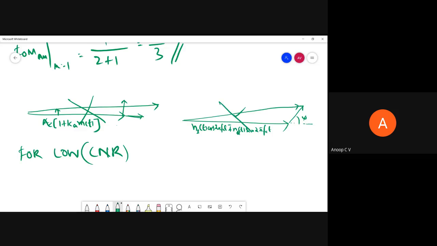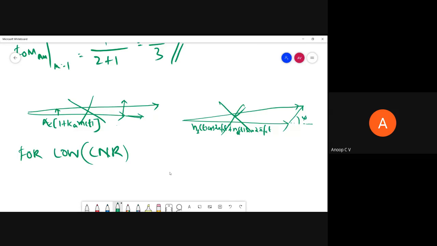So in such cases, this envelope detector will not work reliably. I told you initially, when I assumed y of t to be equal to Ac plus Ac ka m of t plus the in-phase component, that assumption will hold good only when we have a very high carrier to noise ratio. When we have a very low carrier to noise ratio, there is something called the threshold effect in envelope detection.